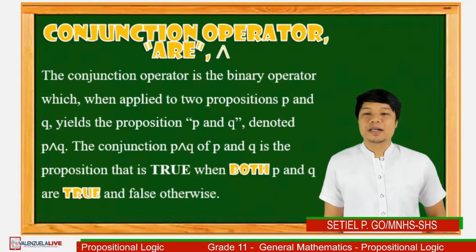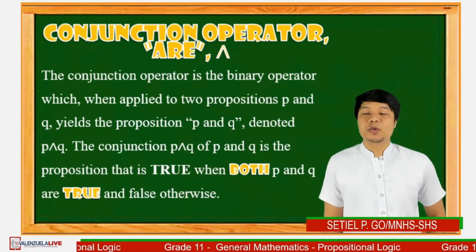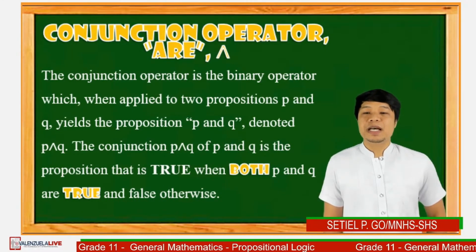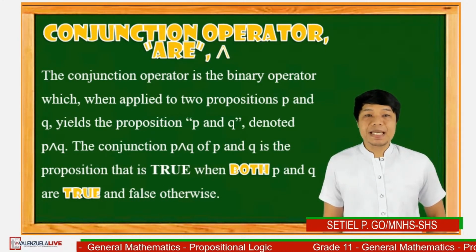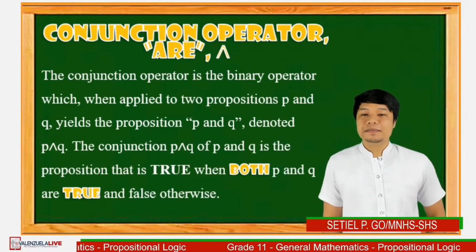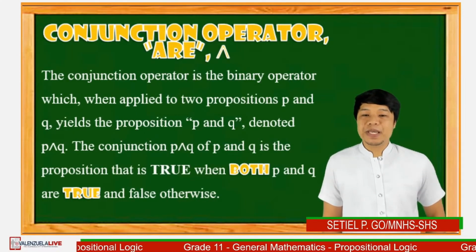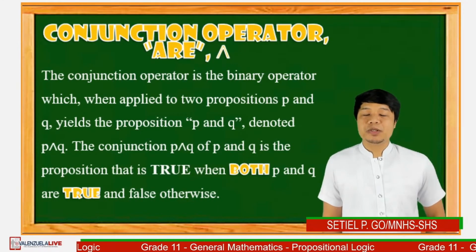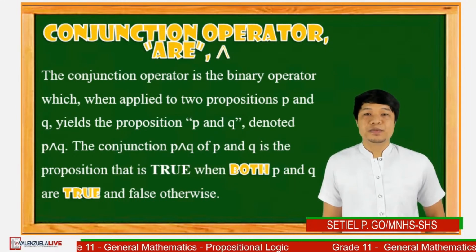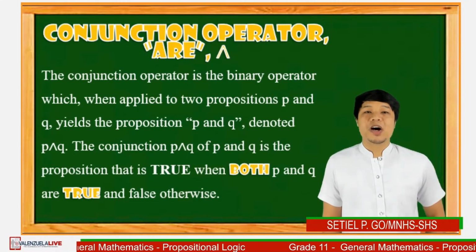The conjunction operator is a binary operator which, when applied to two propositions P and Q, yields a proposition P and Q denoted by this symbol. The conjunction P and Q is a proposition that is true when both P and Q are true and false otherwise.